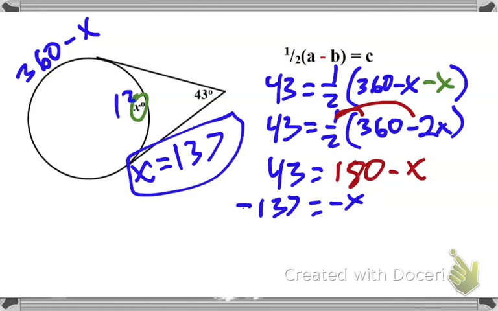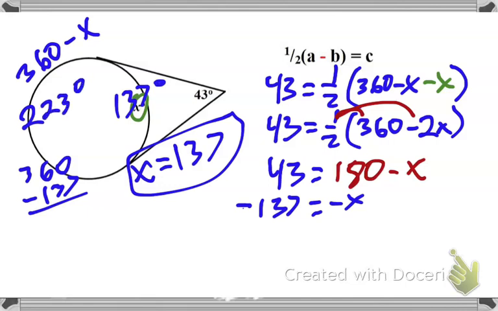So this is 137 degrees. Real quick, what's the measure of the other arc? It's just 360 minus x, so 360 minus 137, which would give us 223 degrees.